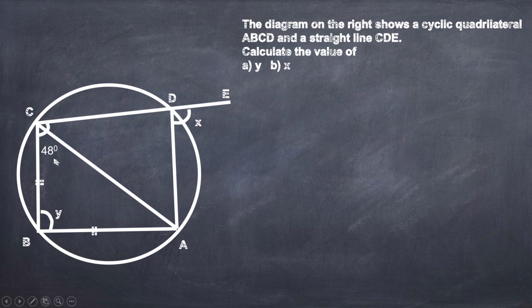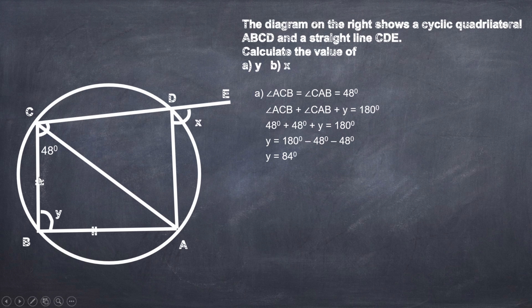In order to find y, we need to know this angle. Since this line and this line are equal, this angle CAB is also equal to 48 degrees.